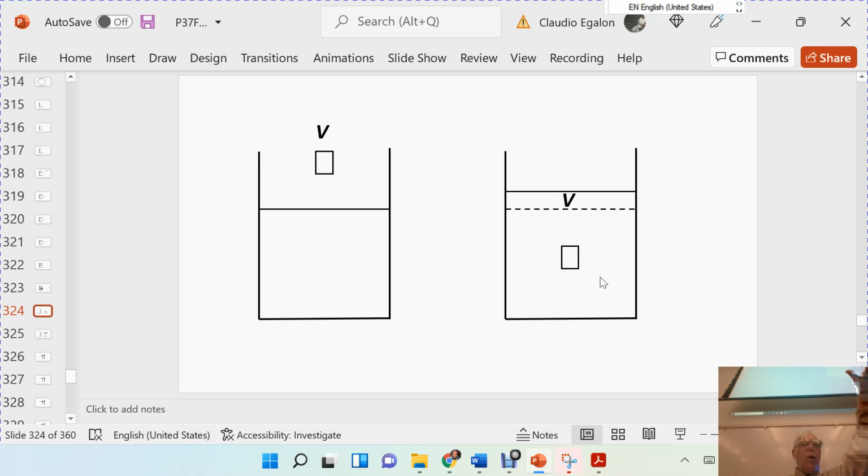If you fill up your tub at home all the way to the top and then submerge yourself, what's going to happen to that water? It's going to overflow. If you don't fill it to the top, but just below it, when you submerge yourself, the water is going to rise, just like we have here.